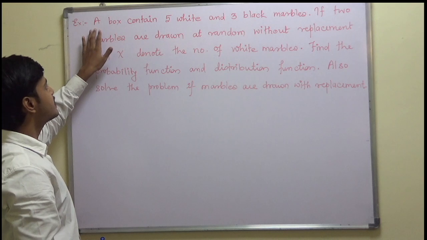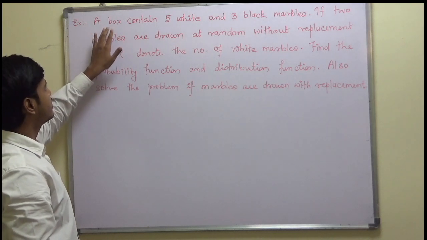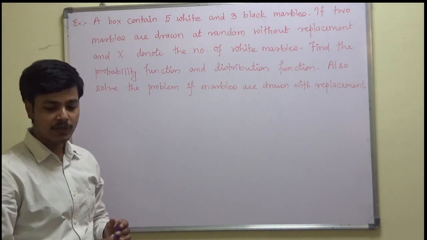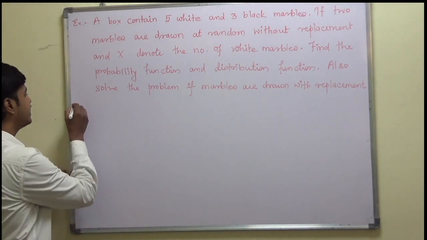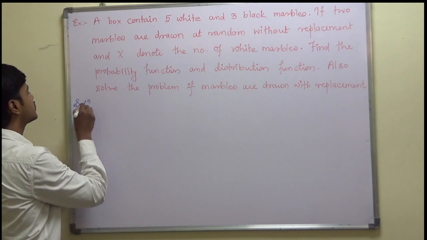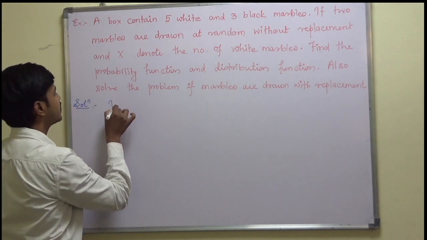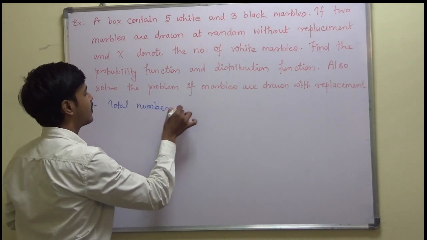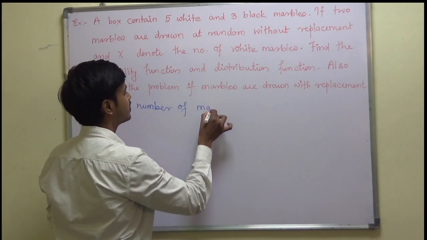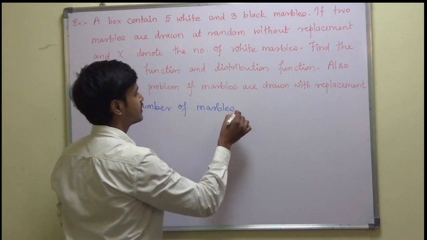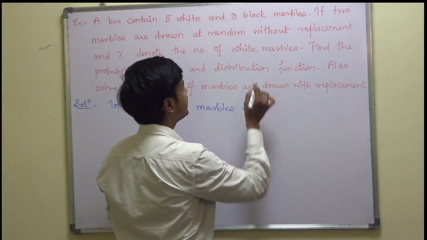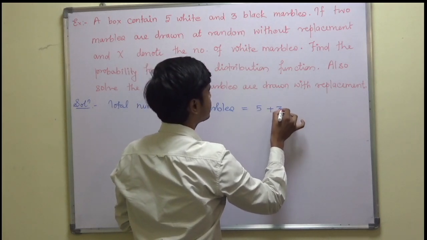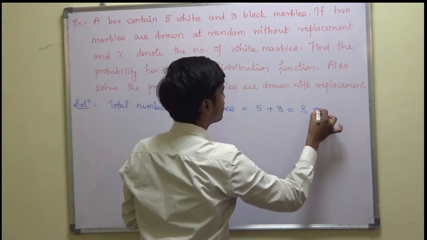So this problem is of a box containing 5 white and 3 black marbles. In all, how many marbles are there? Total number of marbles is equal to 5 white plus 3 black, so 5 plus 3 is equal to 8 marbles.